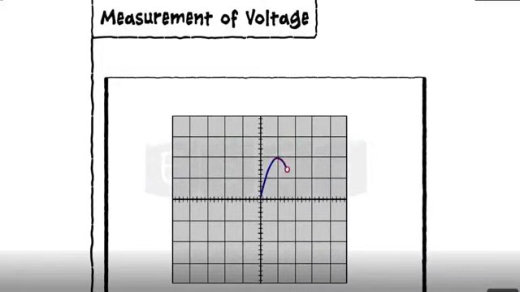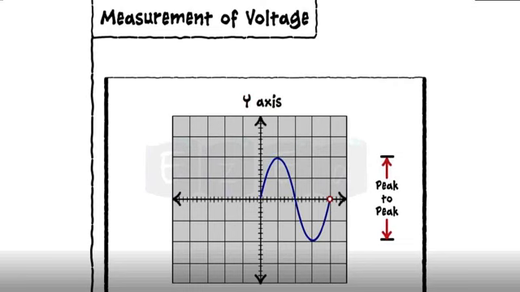Whenever a waveform is displayed on the screen of a CRO, voltage is always measured as peak to peak voltage. This is from the positive peak to the negative peak. It is denoted by peak to peak voltage and is scaled on the y-axis.